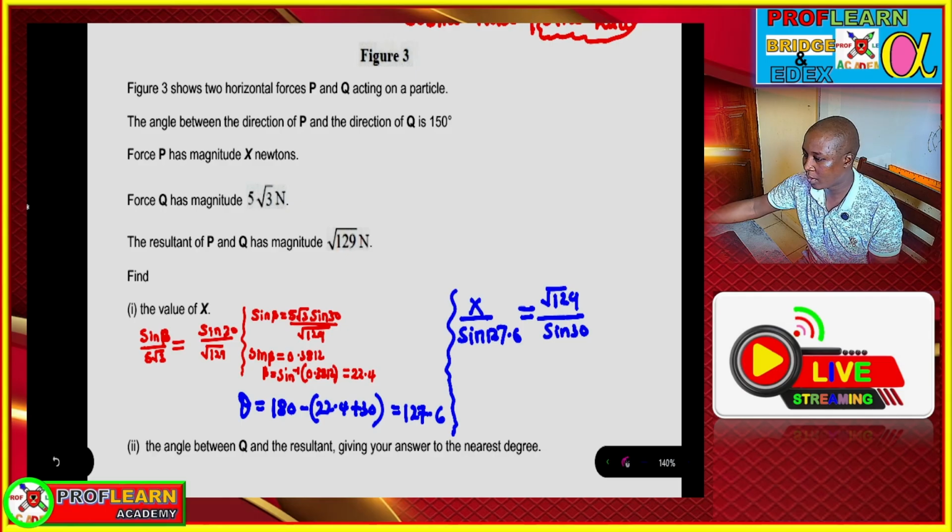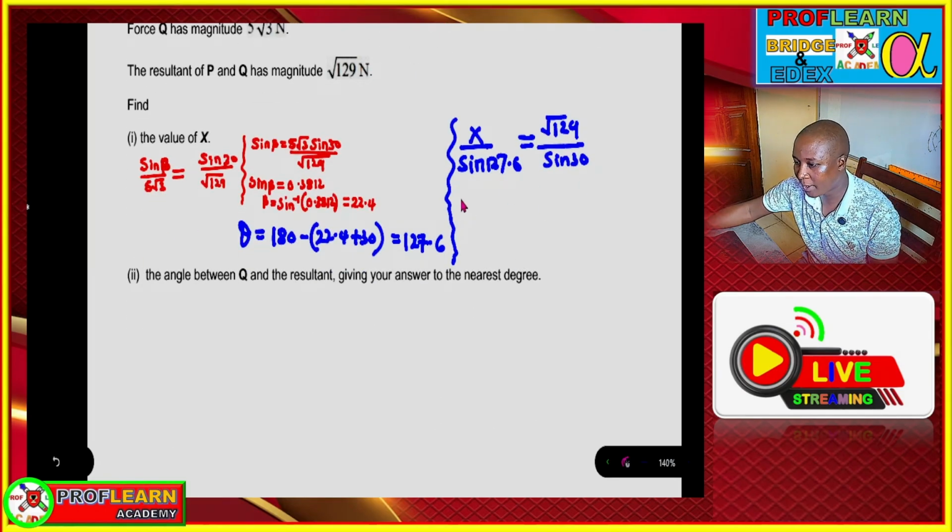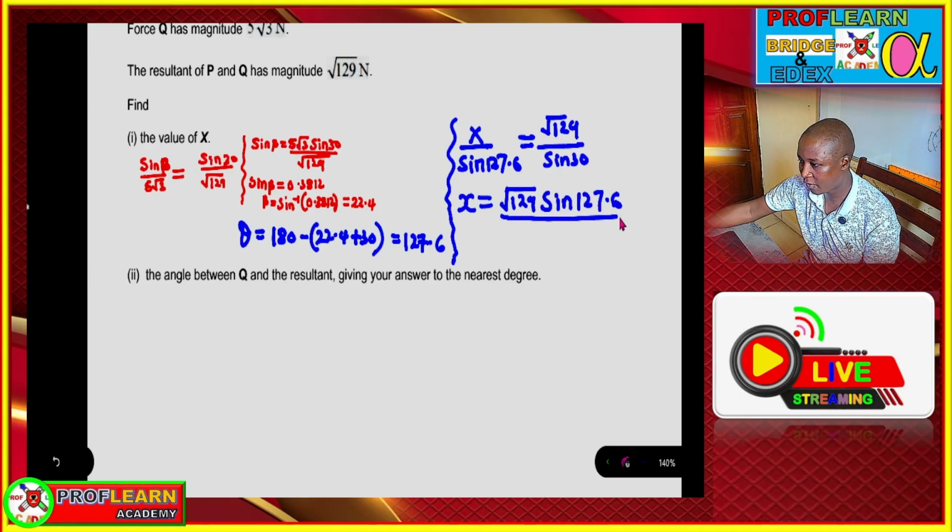So which will imply that our x is going to be equivalent to root 129 sine 127.6 divided by sine 30.